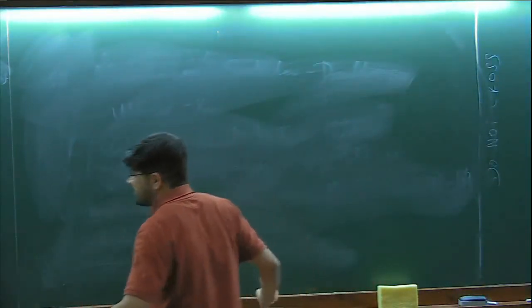Right, so then the definition is: M is called K semi-stable if for all degenerations this is non-negative.